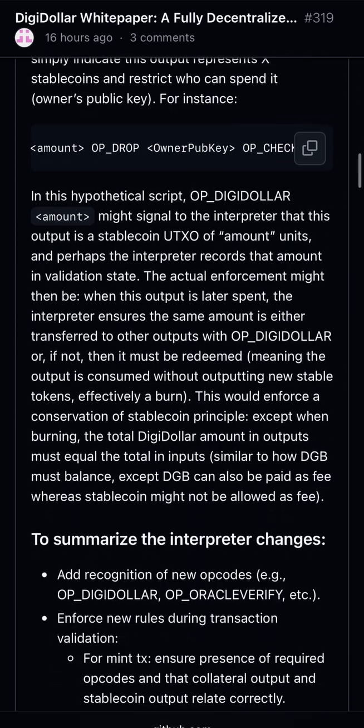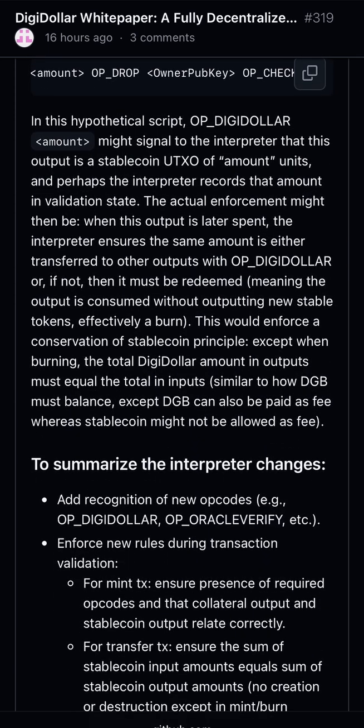In this hypothetical script, OP_DIGIDOLLAR amount might signal to the interpreter that this output is a stablecoin UTXO of amount units, and perhaps the interpreter records that amount in validation state. The actual enforcement might then be: when this output is later spent, the interpreter ensures the same amount is either transferred to other outputs with OP_DIGIDOLLAR, or, if not, then it must be redeemed, meaning the output is consumed without outputting new stable tokens, effectively a burn.